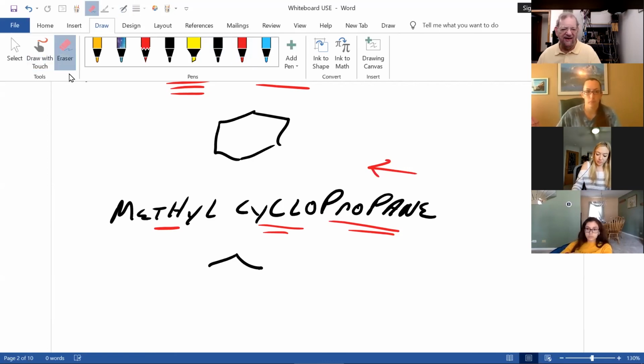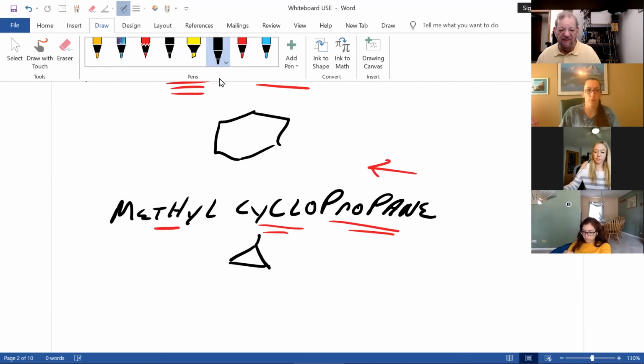I have a ring. It doesn't matter which carbon you put the methyl group on. Most of you will probably put it here. You could have put it there or there. All you're doing is rotating the ring around.